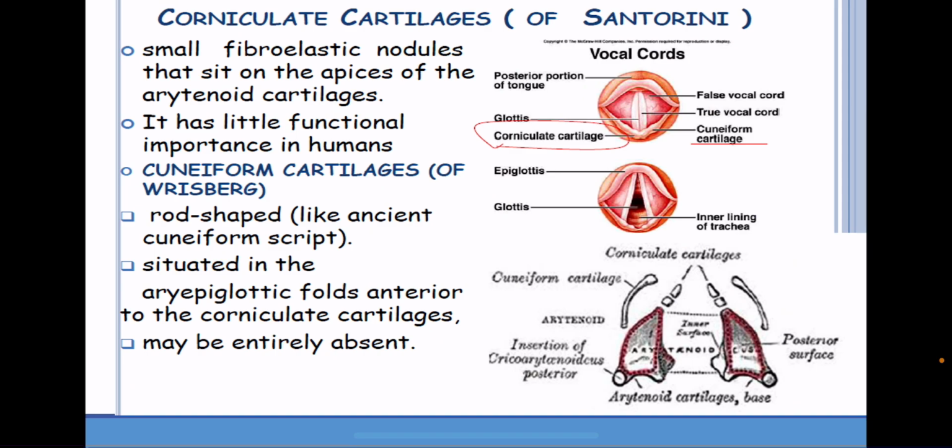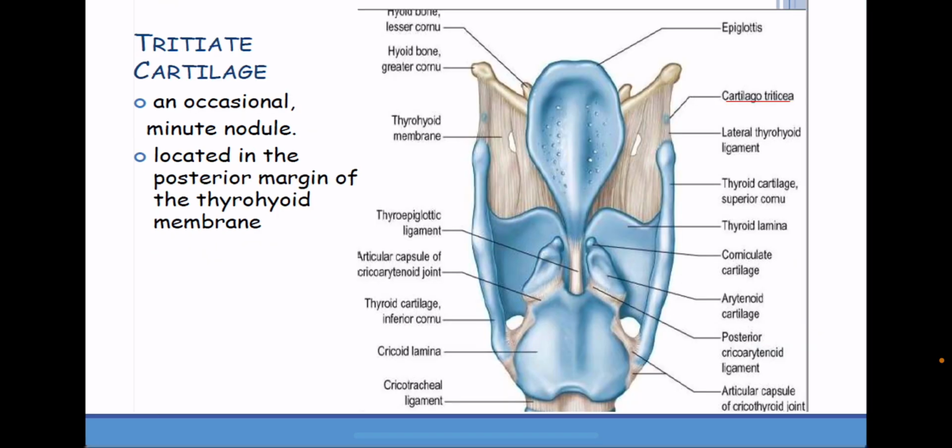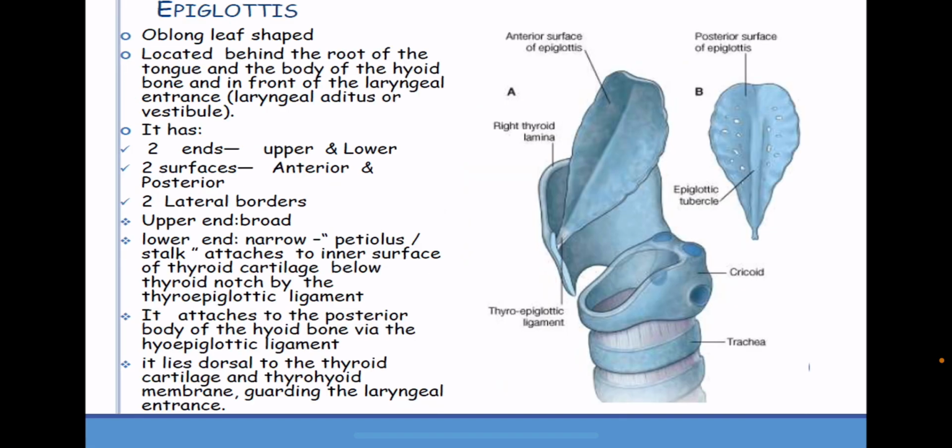Cuneiform cartilage of Wrisberg is rod shaped and situated in the aryepiglottic fold anterior to the corniculate cartilage, and may be entirely absent. We also have the triticeous cartilage and occasional minute nodules located in the posterior margin of the thyrohyoid membrane.